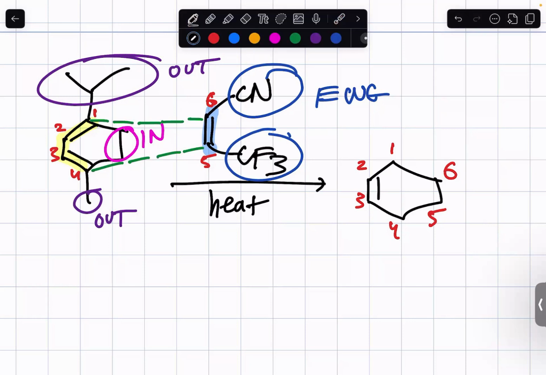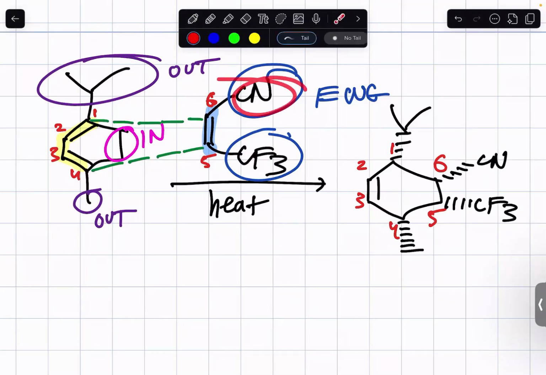If I decide to make the out groups dash, like this dash isopropyl here, this dash methyl here, the EWGs here, this dienophile here is cis, so we got to make them cis to each other, right? And they're going to be dashes as well, because we want the EWGs to be cis to the out group. If the out group is dash, then the EWG would also have to be dash, like that.